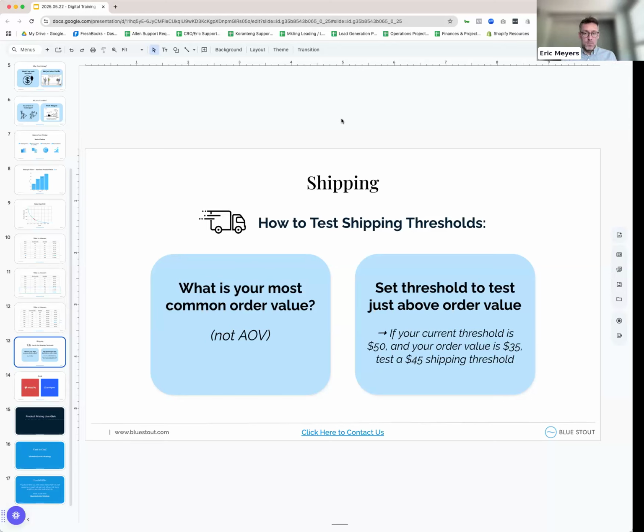We'll run this test preferably with a higher threshold and a lower threshold. That'll give us some directional sense of, okay, maybe we should test more granular threshold values lower or higher.